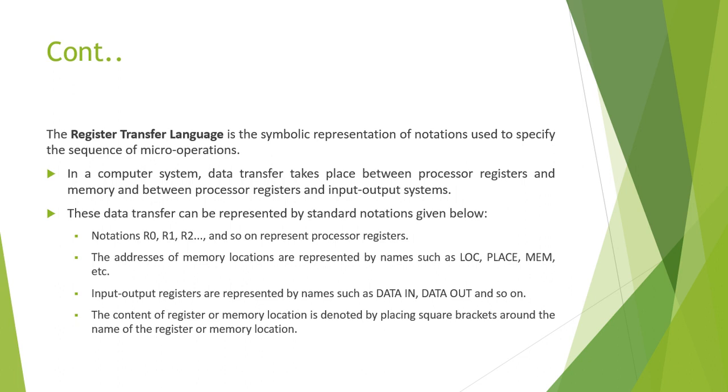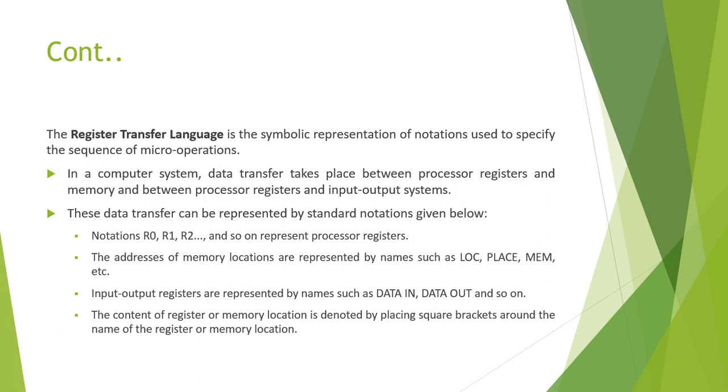This data can be represented by some standard notation like R0, R1, R2, and so on. Again, the address of a memory location is represented by names like LOC, place, mem, and so on. The input-output registers are represented by names such as data in, data out, and all.